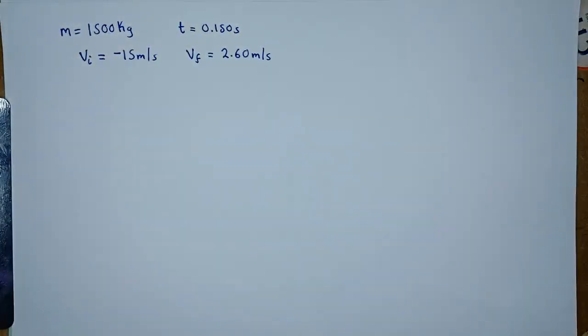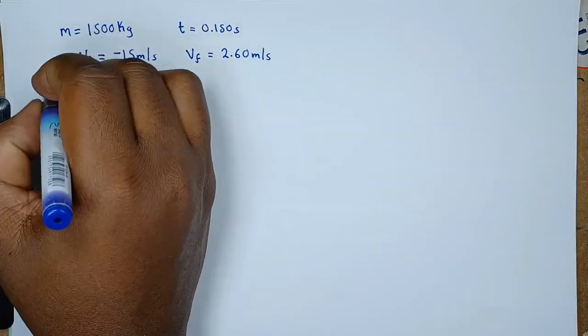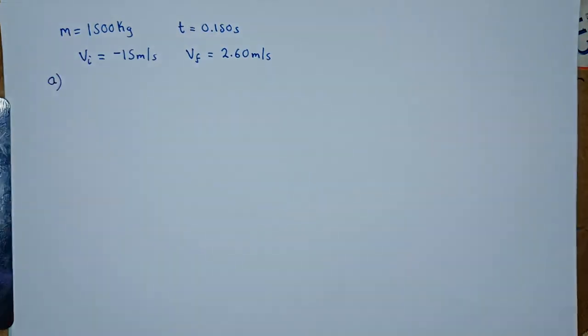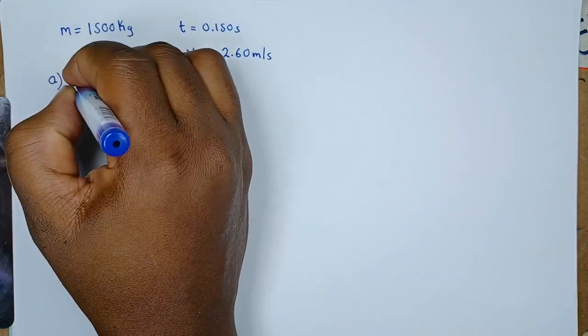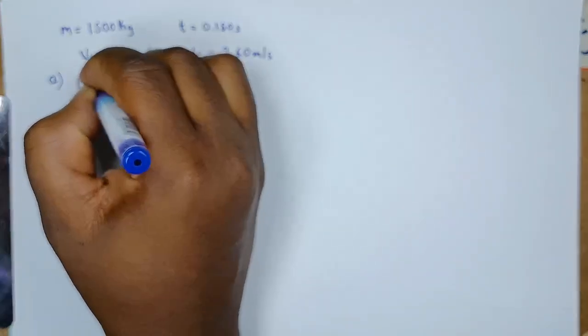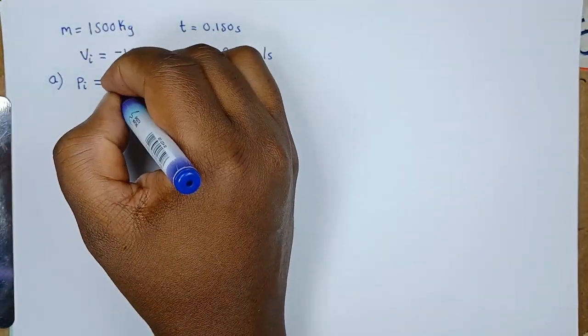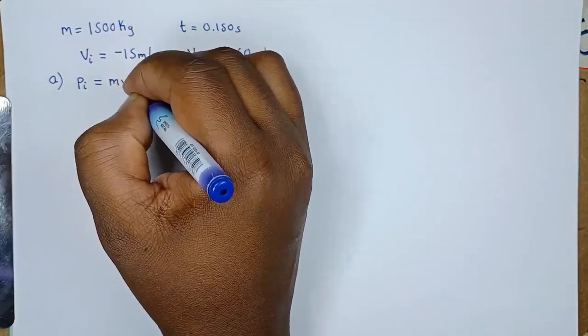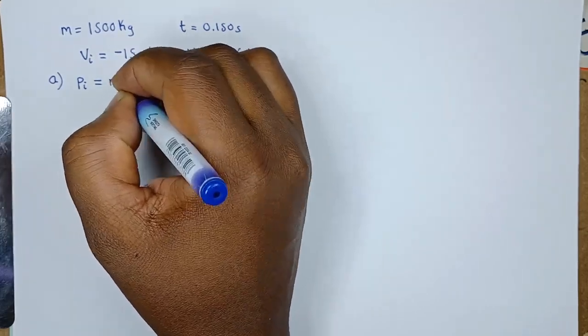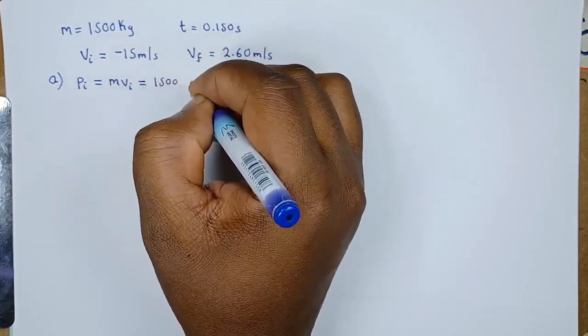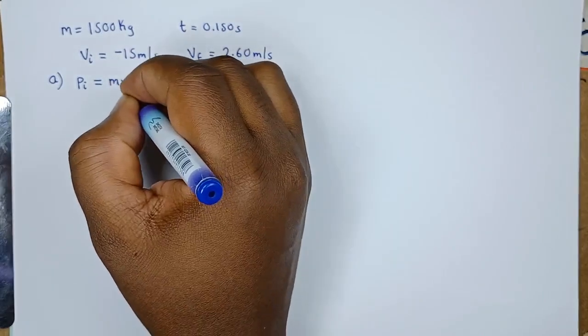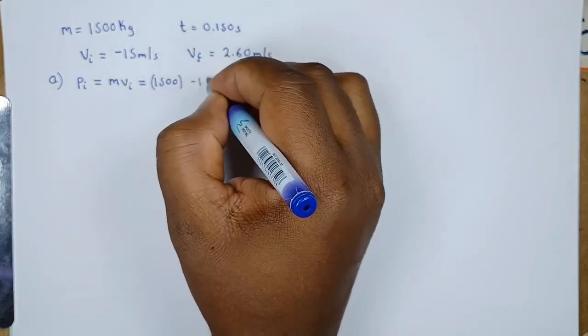Now remember, impulse is the change in momentum. So for part A of the question, we're going to find the initial momentum. Remember, momentum is mass in motion. So mass times the initial velocity. The mass is 1,500. The initial velocity is a negative 15.